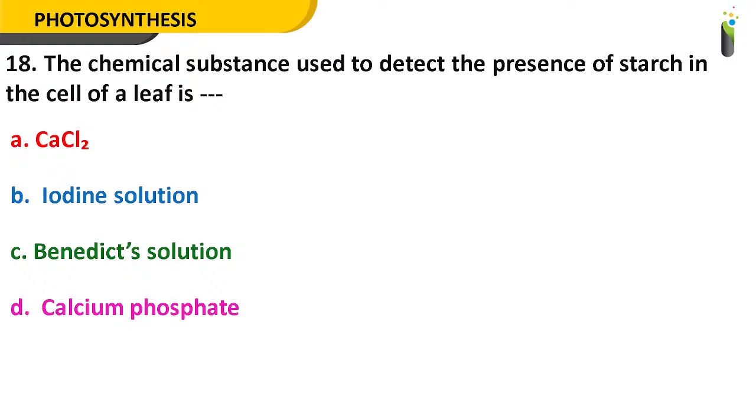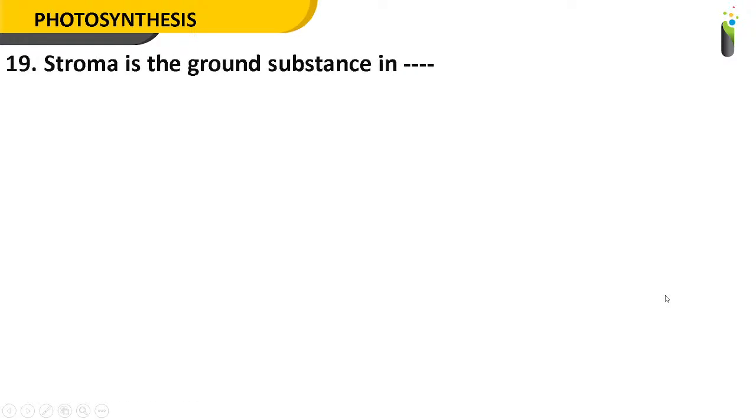So which is the chemical substance used to detect the presence of starch in the cell of a leaf? The answer for this question is B. It's iodine solution. So iodine solution is used to detect the presence of starch in the cell of a leaf. Question number 19. Stroma is the ground substance in dash.